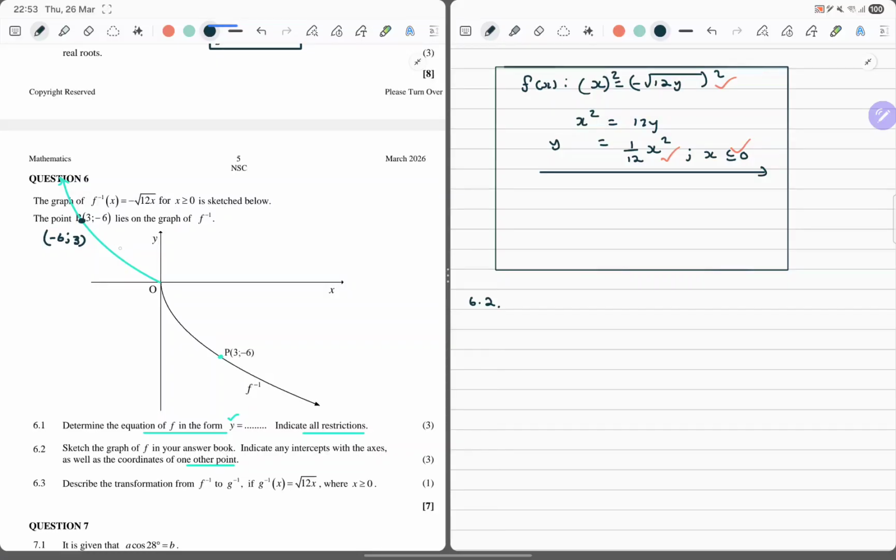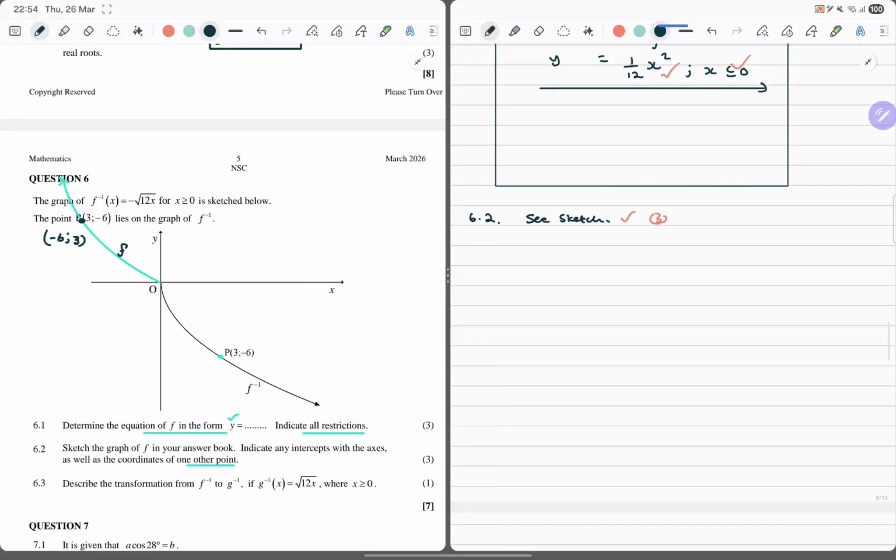So this is the graph of f, excuse me. So I'll just say sketch. Of course, you may have been provided a grid. If not, then you provide your own.